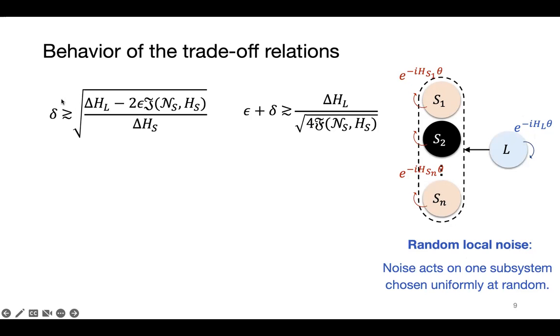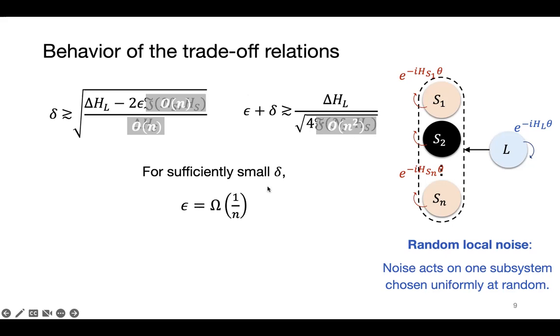So in that case, one can try to get the scaling of these parameters with respect to the number of subsystems. You can verify that J is going to scale linearly with respect to n, and also delta H_S is going to scale linearly, and F is going to scale quadratically with respect to n. So then we can see that for sufficiently small delta, epsilon is going to be lower bounded by the scaling of 1 over n.